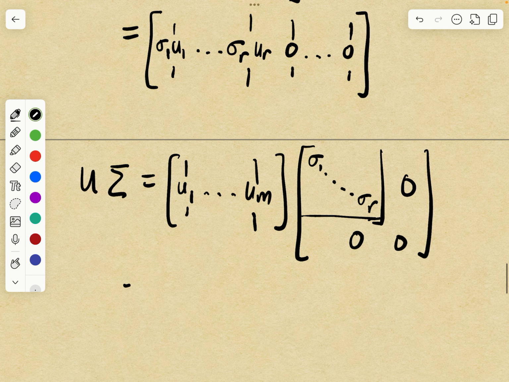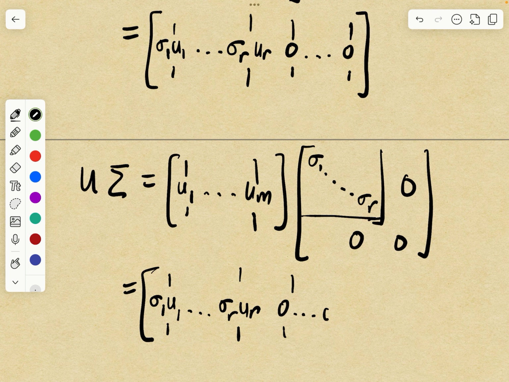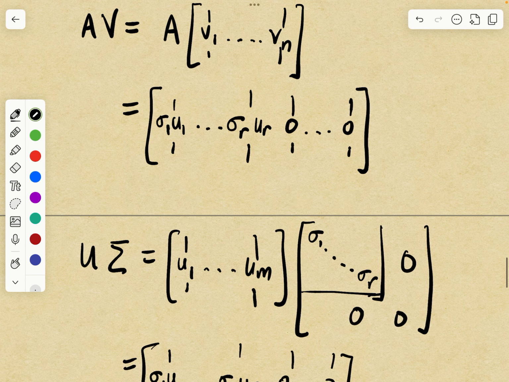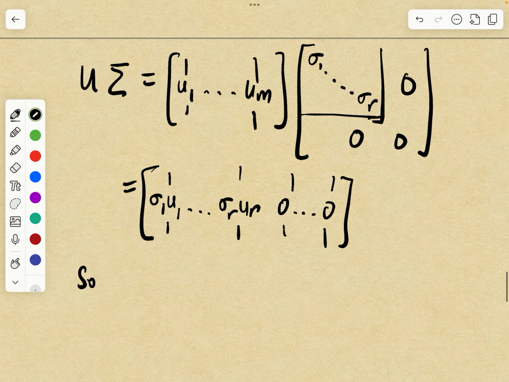What that gives you is sigma 1 U1 all the way to sigma R UR, and the other columns will be 0. And so therefore we see that A times V is U times sigma.